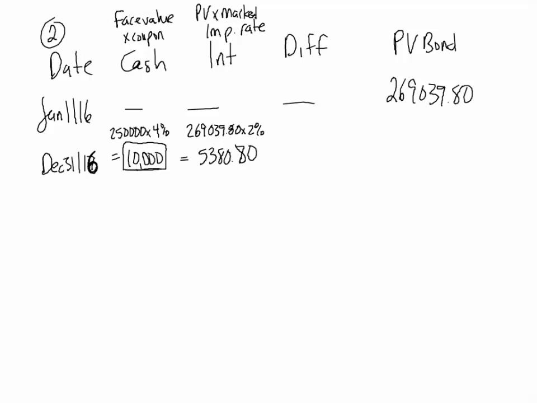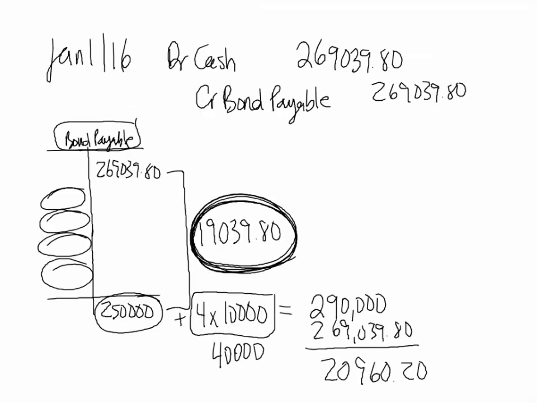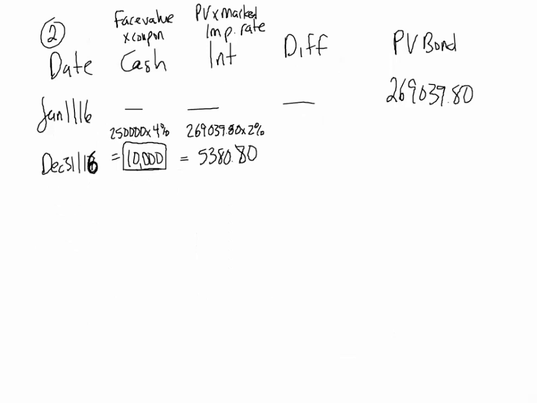So where does the difference go? At the beginning of this process, I said there has to be amounts placed against this bond so that by the end of its life it's only worth $250,000, which is what we pay them at the end of the 4 years. The 10,000 minus 5,380.80 is $4,619.20.